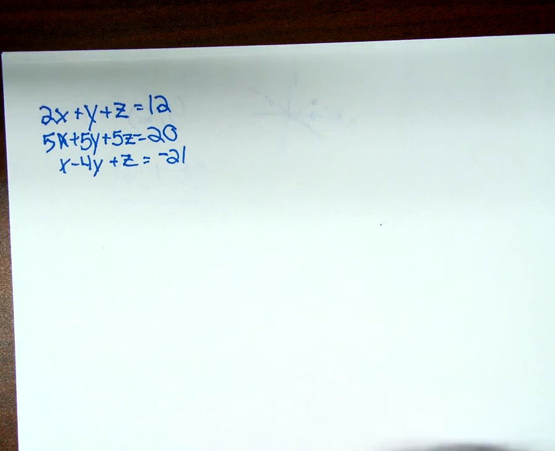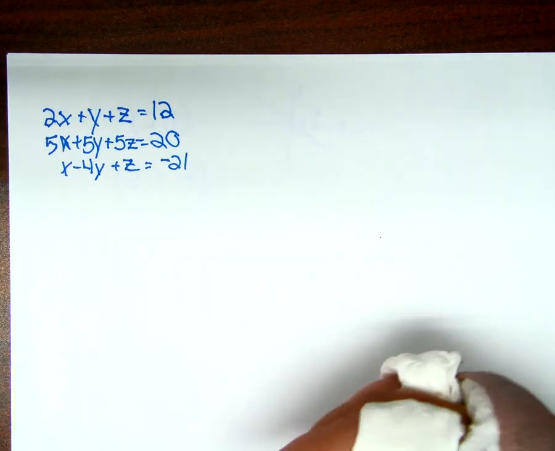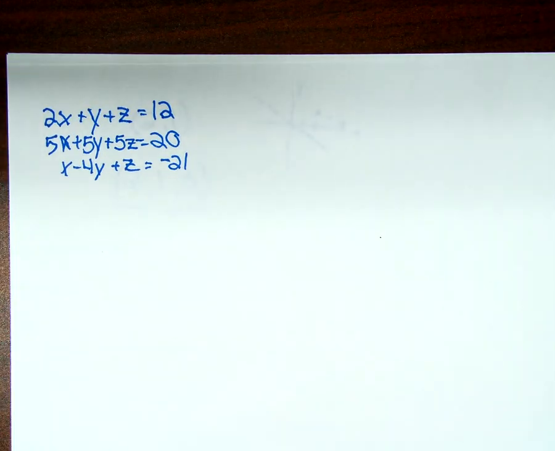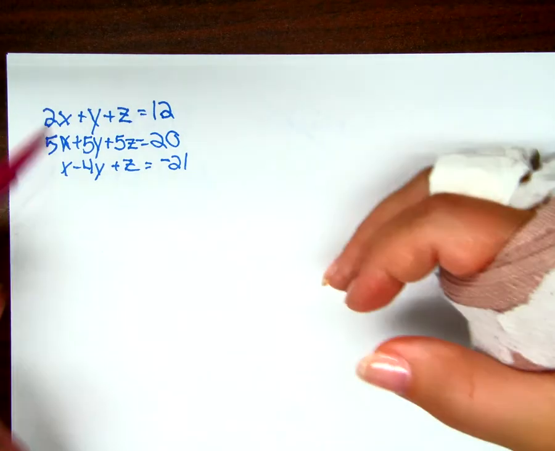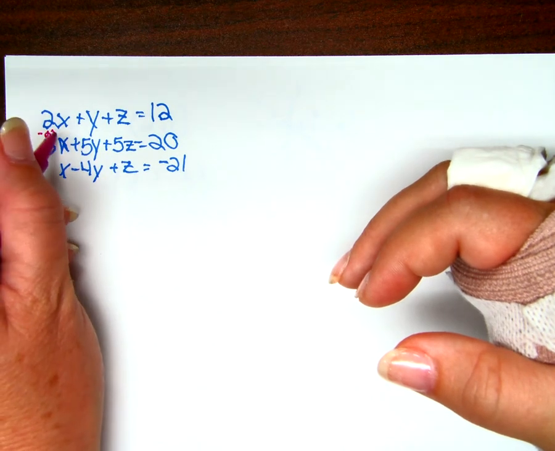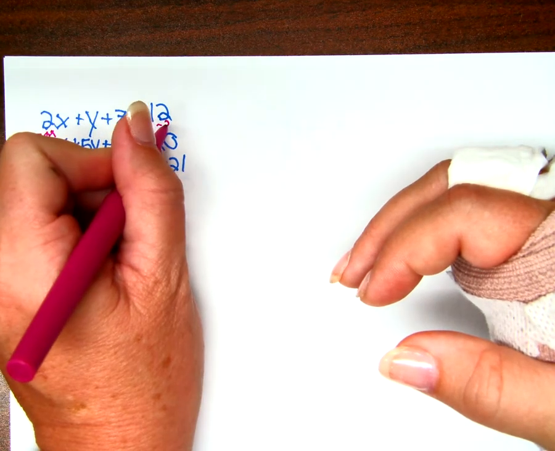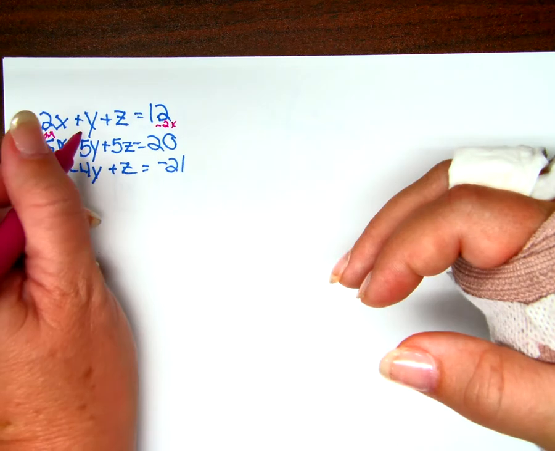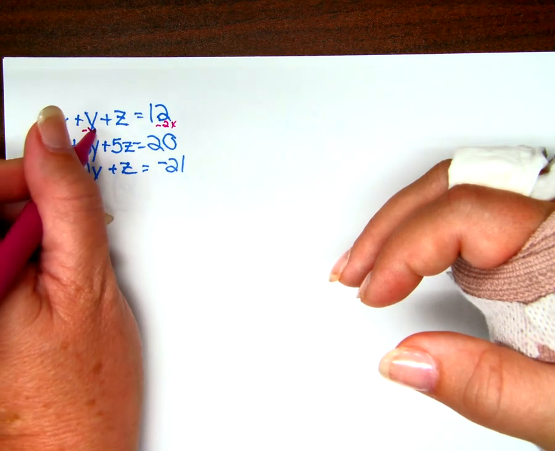Okay. If I solve the first equation for the first z, how do I do that? I get it by itself, right? I'm going to get it by itself by subtracting 2x from both sides, and by subtracting y from both sides, right?